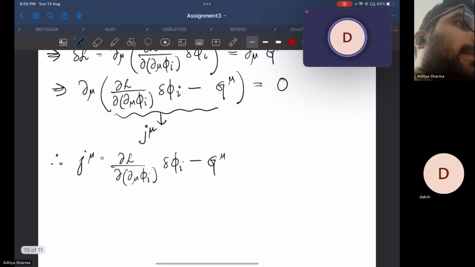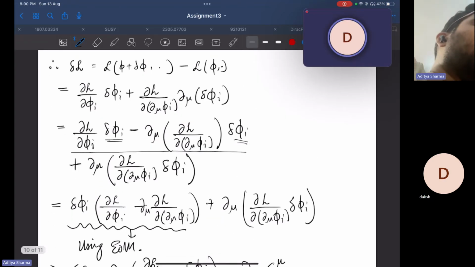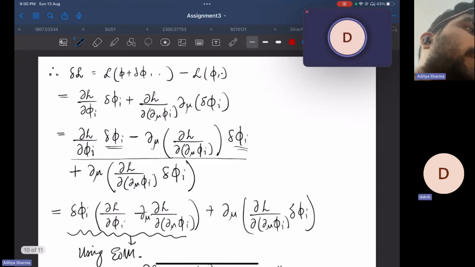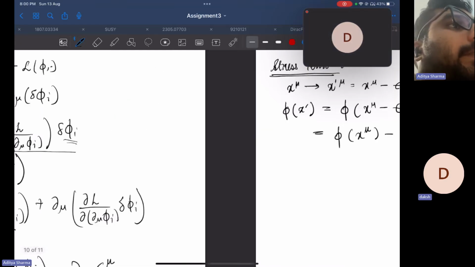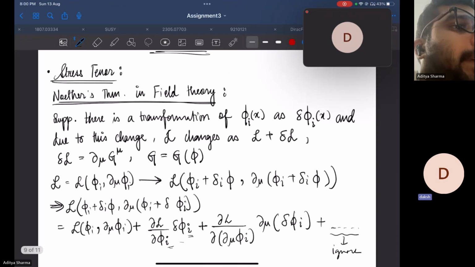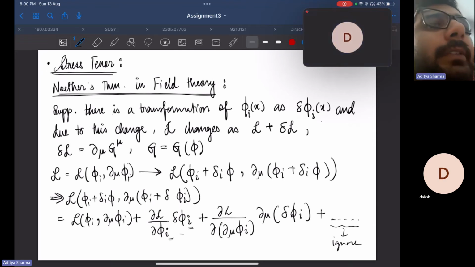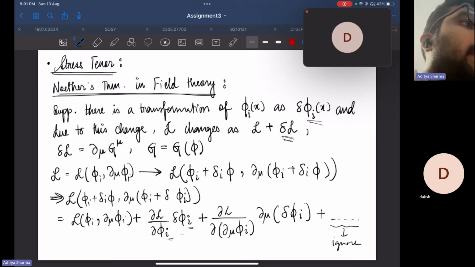Under the transformation of the field, the Lagrangian changes somehow, delta L. And delta L is a total derivative term. In field theory, it becomes some divergence of some function. Suppose it is like this.